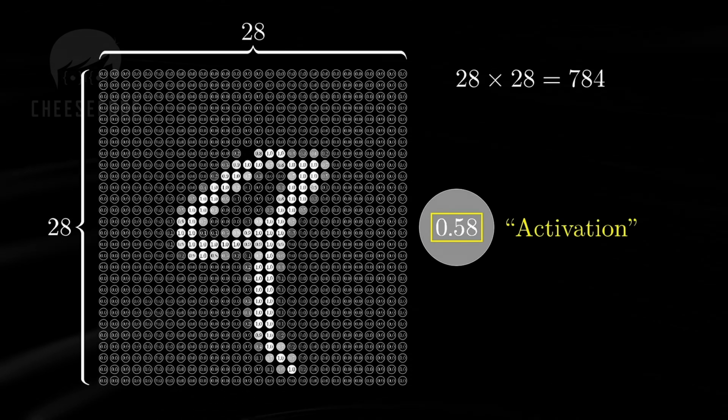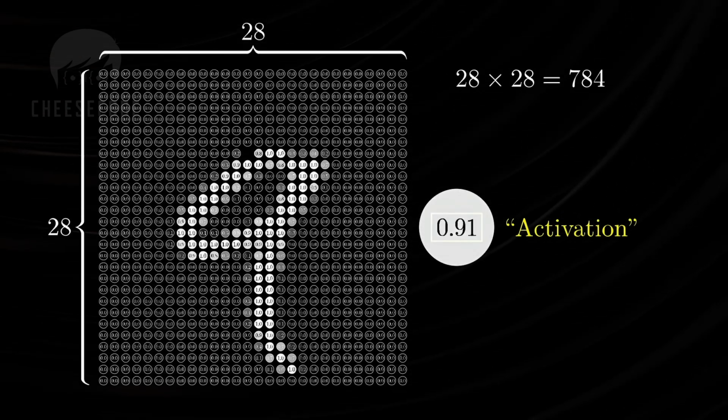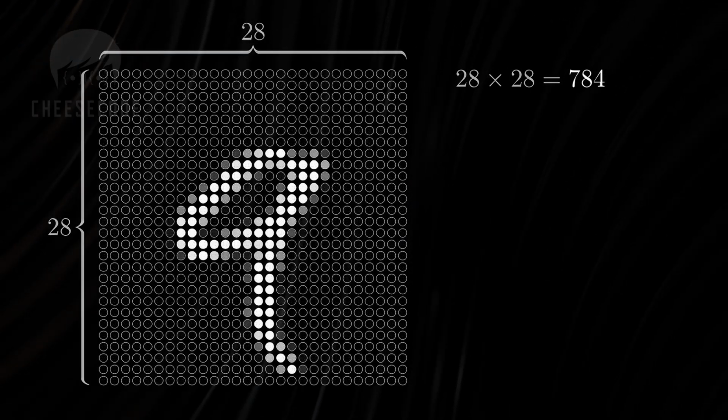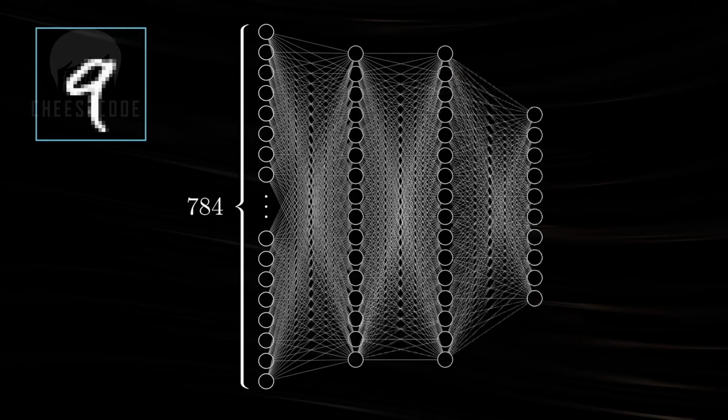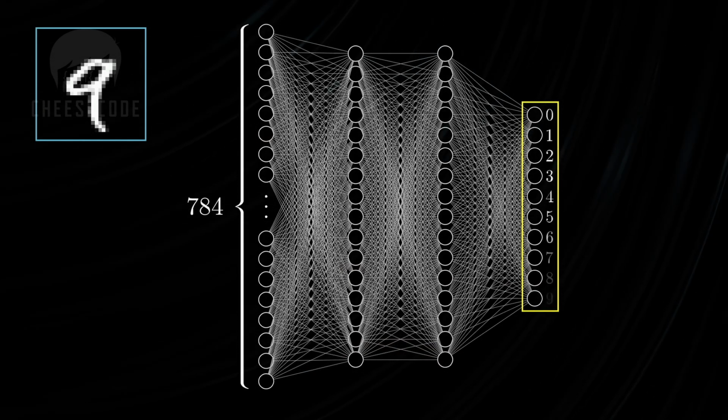And the image you might have in mind here is that each neuron is lit up when its activation is a high number. So all of these 784 neurons make up the first layer of our network. Now jumping over to the last layer, this has 10 neurons, each representing one of the digits.